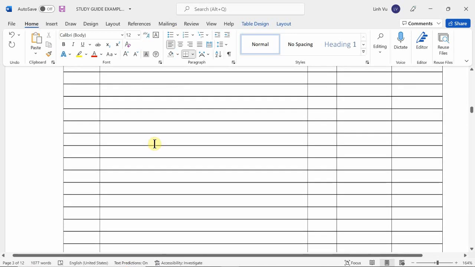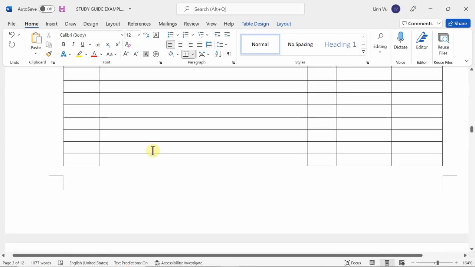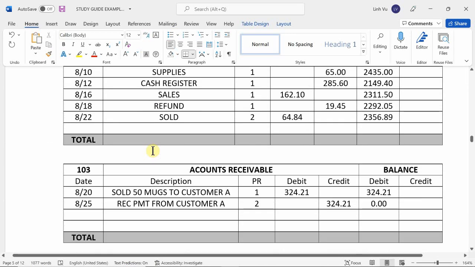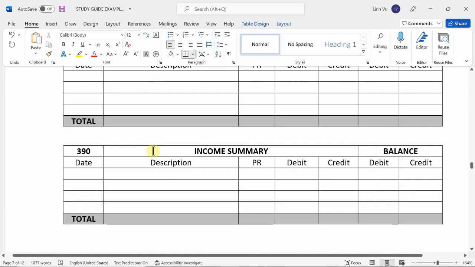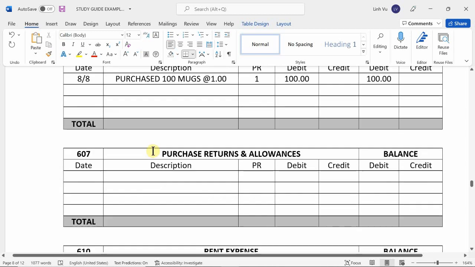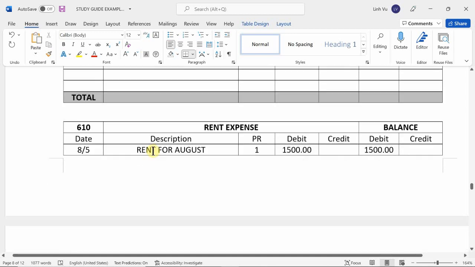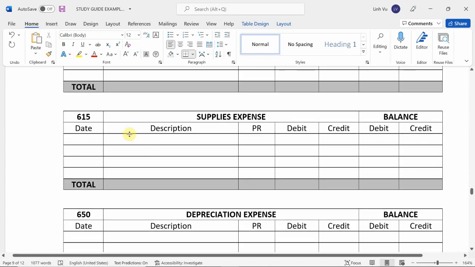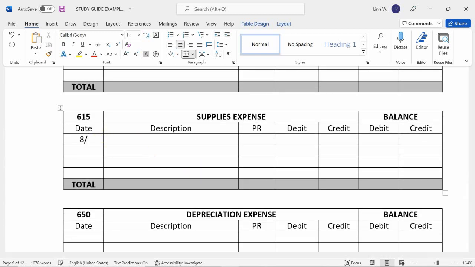So I need to adjust my accounts accordingly because I ended up using the supplies. Supplies expense today, the 31st, used up $15, which we know is going to be a debit for $15.